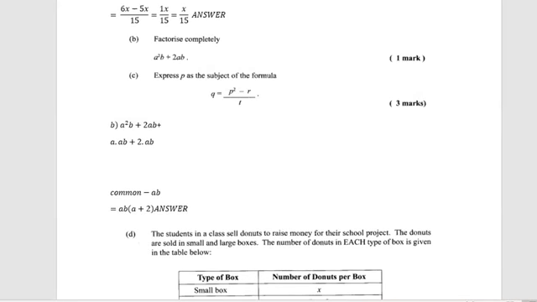So if they gave you that and then said plus 2BC, this is just an example, what would have been my common factor from this expression? B only, because B is the only term that is in every term that is given. B was in the first one, B was in the second one, and B was in the third one.